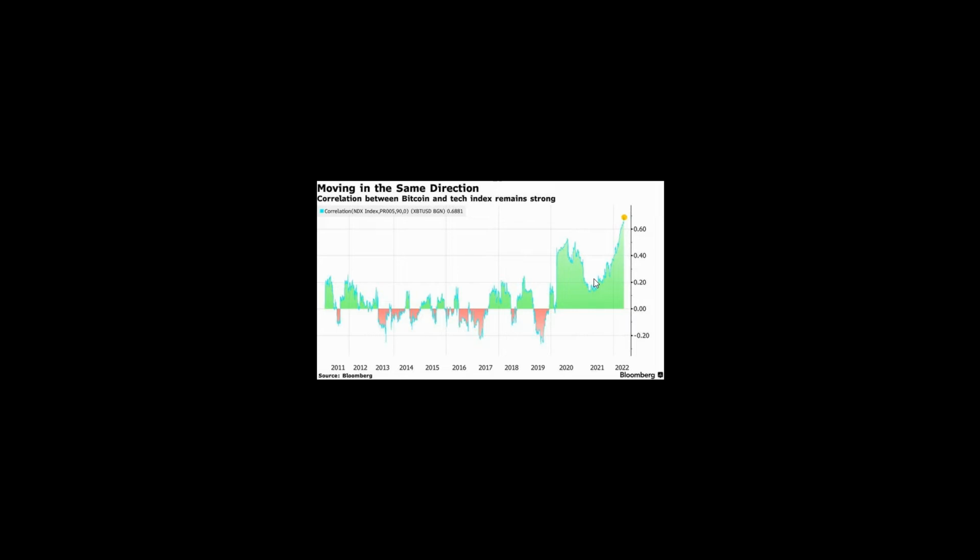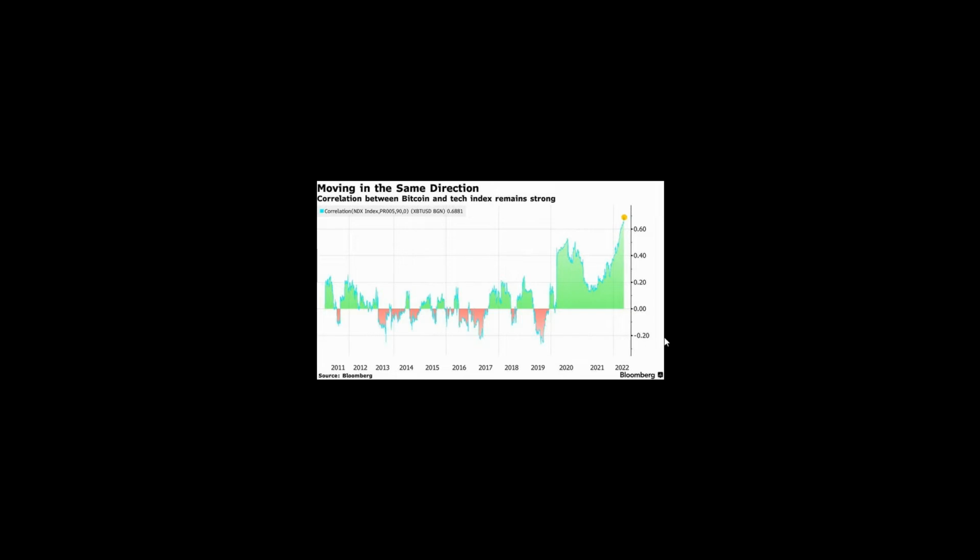Bitcoin is more closely correlated to Nasdaq than the S&P 500. People may think, well, are you splitting hairs? Well, the Nasdaq represents the tech index, and so some investors see Bitcoin as the tail risk to the tech index. So it's natural that they would have that built into their models.